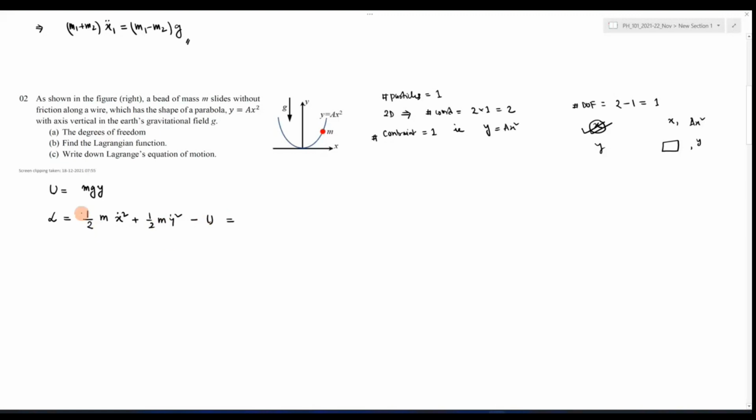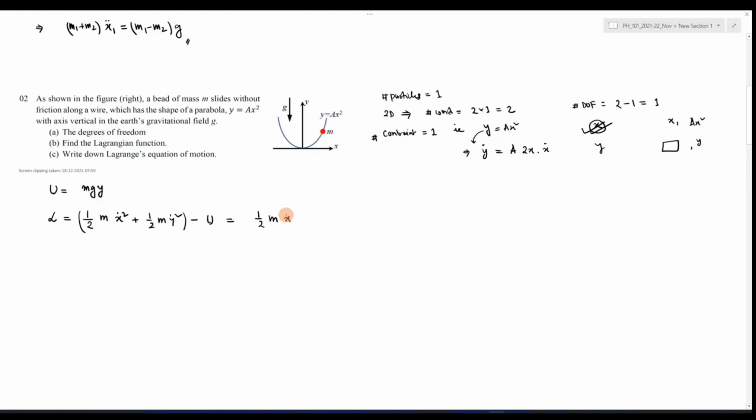This part is clear. This is kinetic energy and this is potential energy. So we can simplify this, half m. Now what is y dot square that we need to do? So y dot is equal to a into 2x into x dot. This is our y dot from this by taking the total derivative, the time derivative.